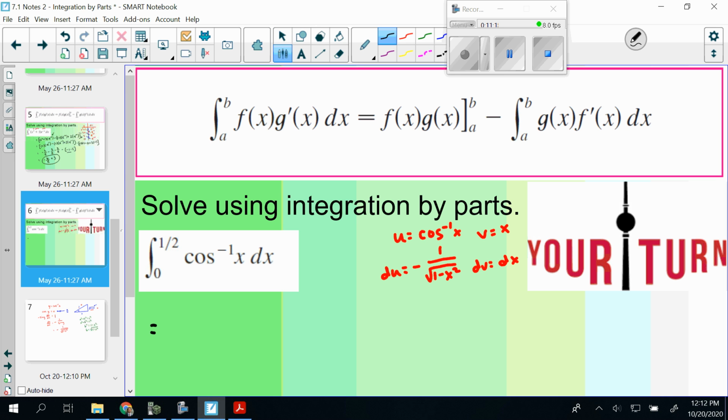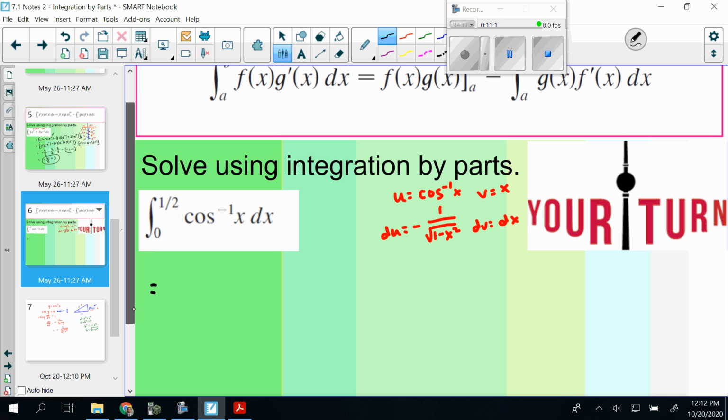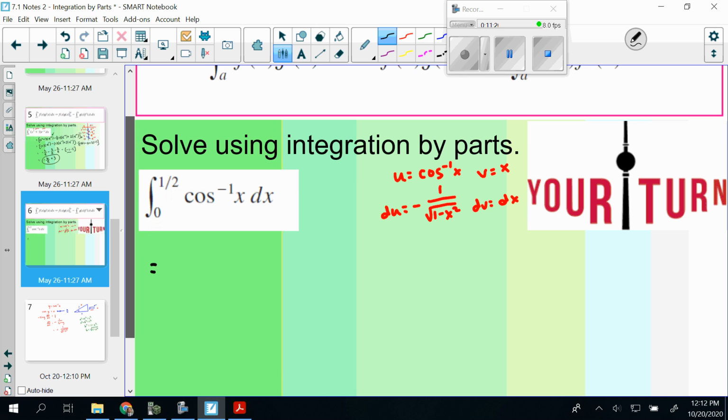So we'd have uv, so it'd be cosine inverse of x times v minus the integral of v du here, so it'd be times negative 1 over this dx here.